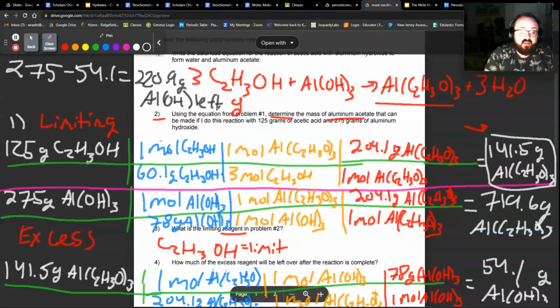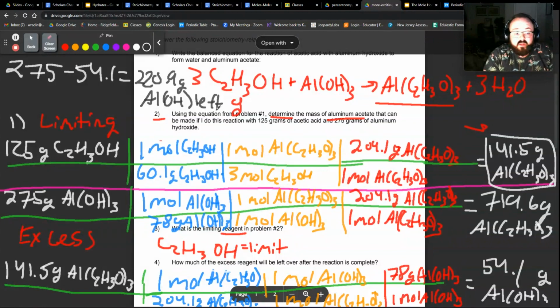I would have exactly that amount. But let's be real, that doesn't happen. Things happen. There might have been some leftover reactant. There might have been some extra water. You're not going to get the full yield. You might get a side reaction. Something that you didn't think would happen could happen.